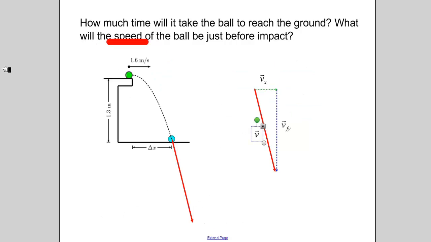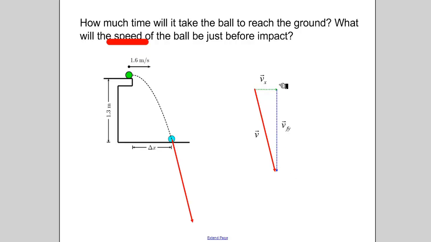So, if you think about the velocity vector of the ball right when it gets to the bottom, it's not going straight up or straight right. It's at this angle here. And it has x and y components, this final velocity. So this x component is exactly the same as this 1.6 meters per second. But this y component is what we just calculated.